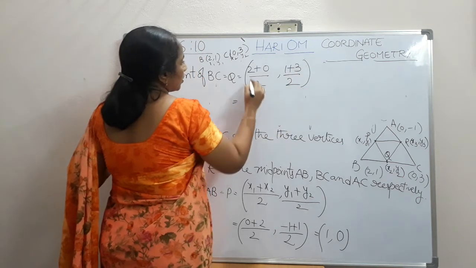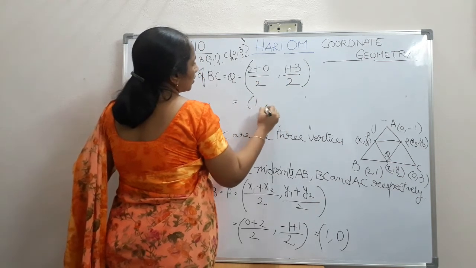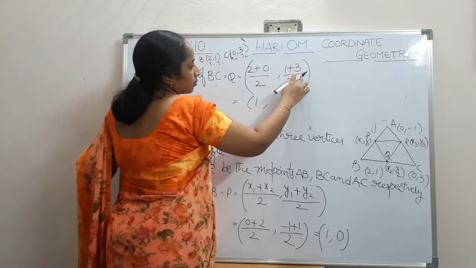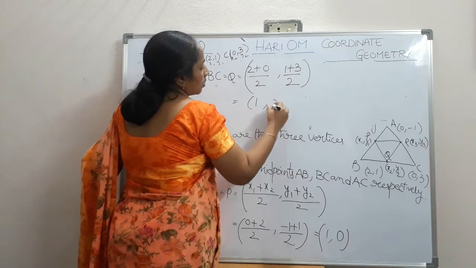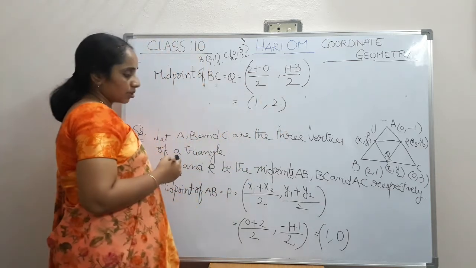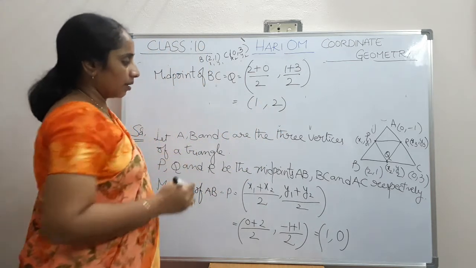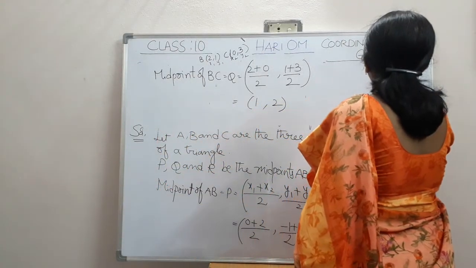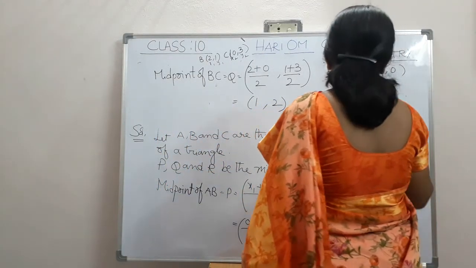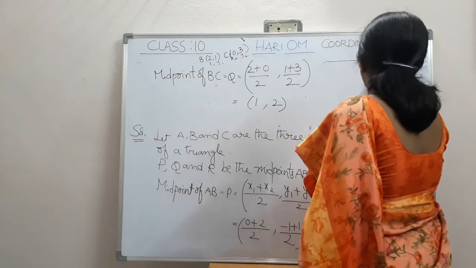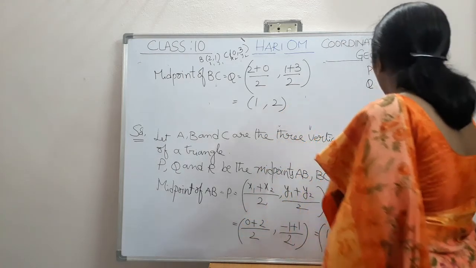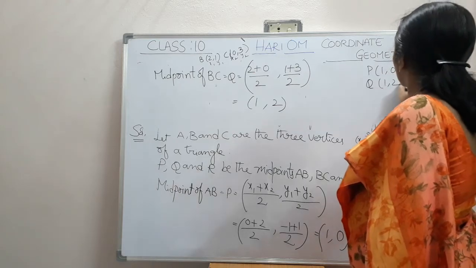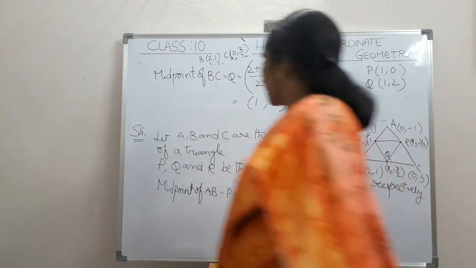It is 2 by 2, 1, and 4 by 2, which is 2. So (1, 2). So the midpoint of AB is P (1, 0). The midpoint of BC is Q (1, 2). Next.